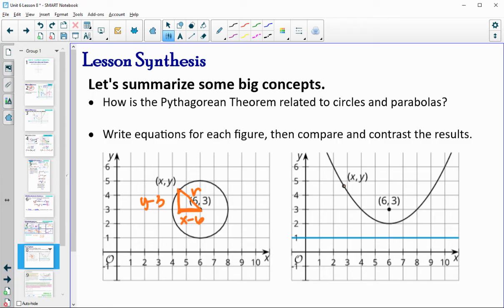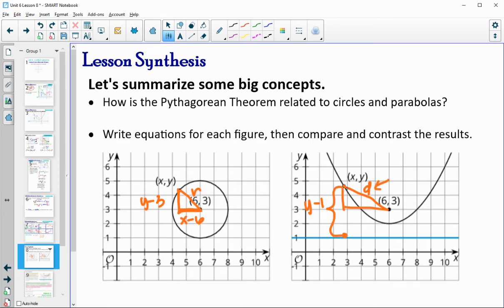Then in a parabola, the distance from the point to the focus, this distance here, is equal to the distance from the point to the directrix. In this case, the directrix is 1, so the y, or the height minus the directrix, would be the difference there.